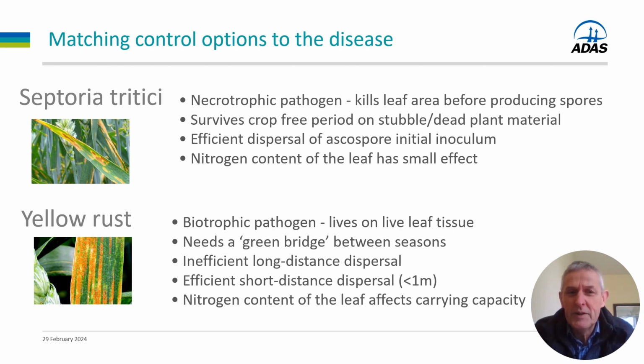And that means that there's quite an abundance of crop residue left at the end of the season for it to produce ascospores on. And those ascospores are aerially dispersed by wind, and they can disperse and infect the new season's crop when it emerges in the autumn.